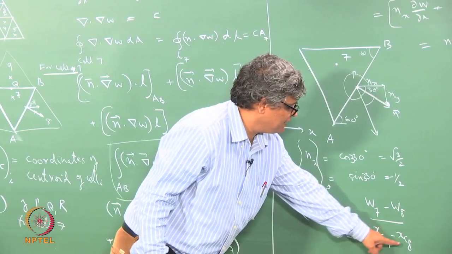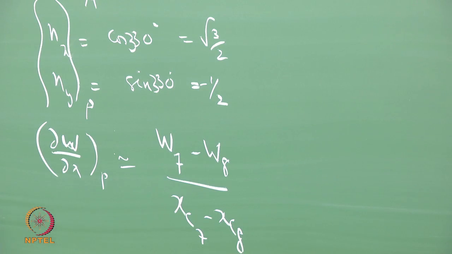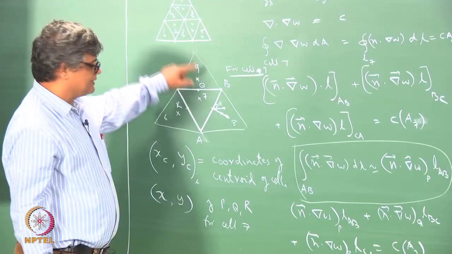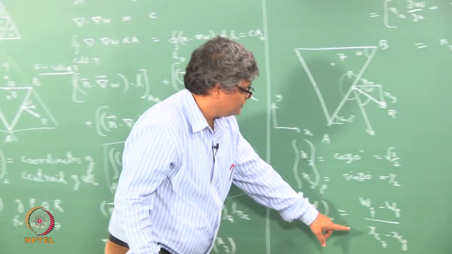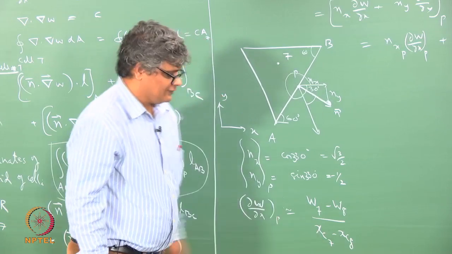So, XC7 minus XC8. We said right in the beginning that the centroid of each cell needs to be worked out. It is assumed to be known, and therefore we know these values here.